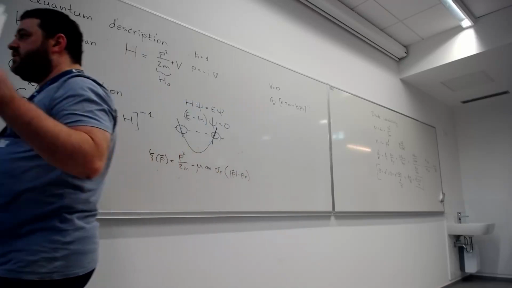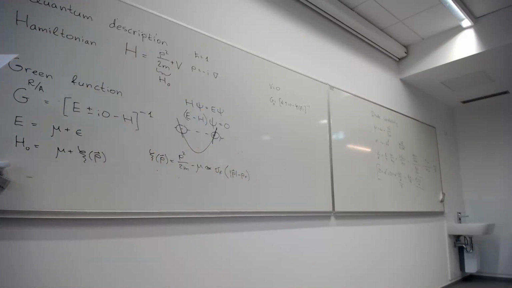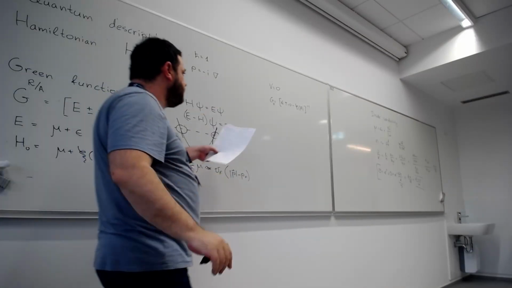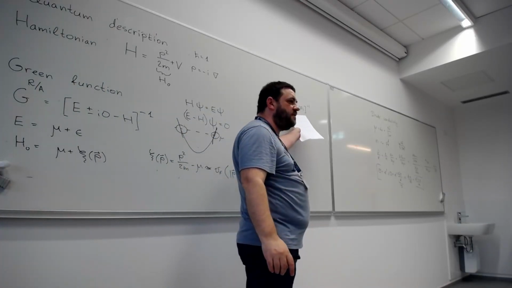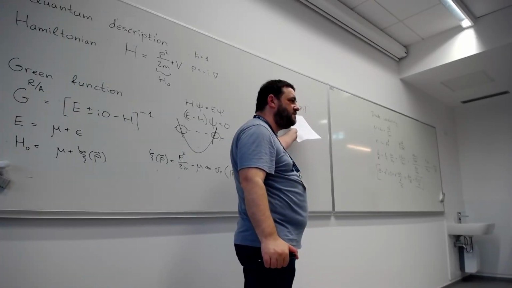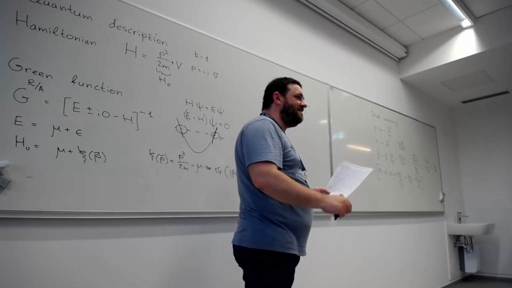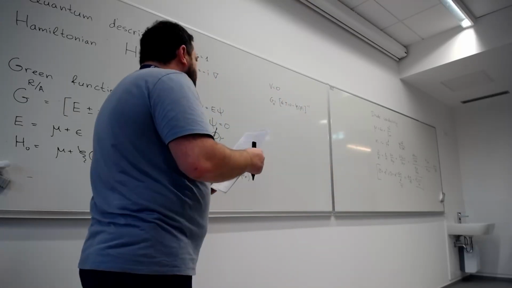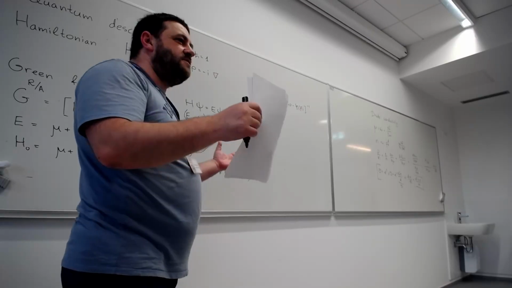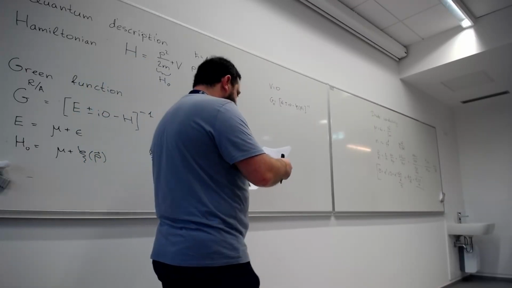This is the Green function of free electrons, of electrons that propagate freely, and actually this is already the answer. I mean, it's not an equation, it's the solution. This is how the Green function looks for a clean system without any impurities.